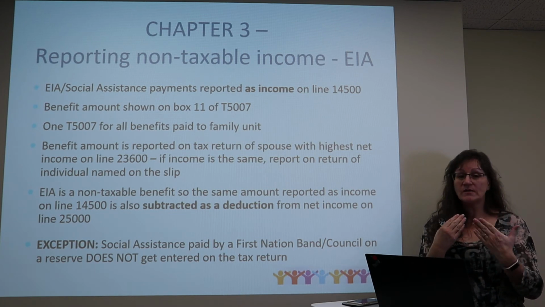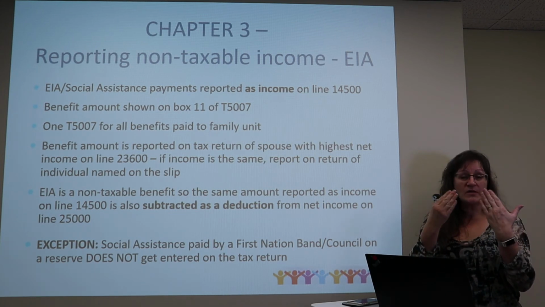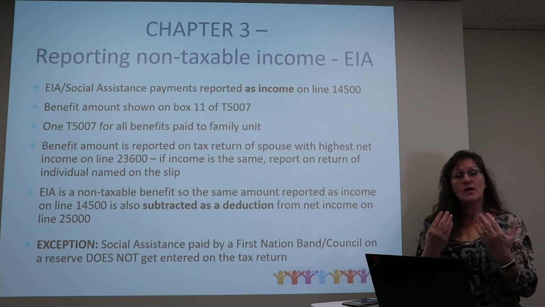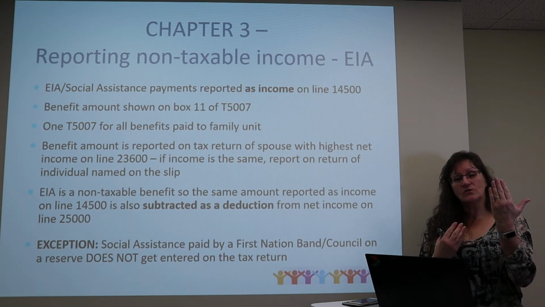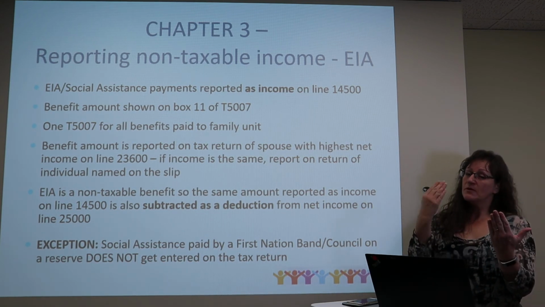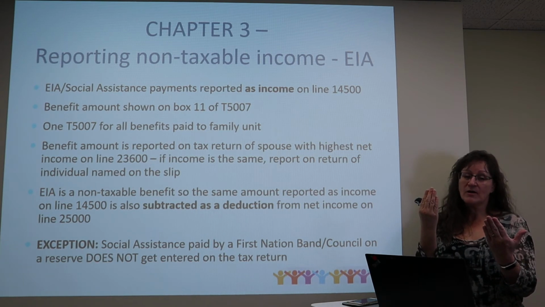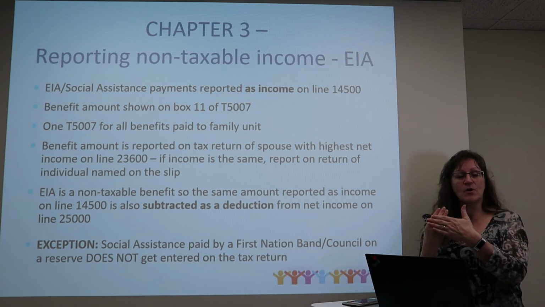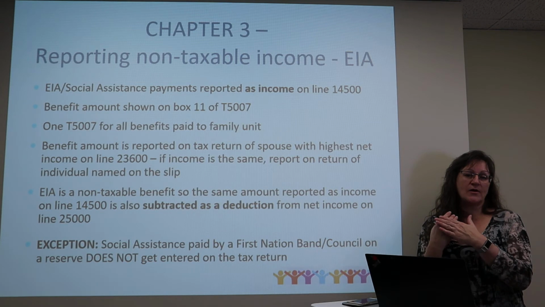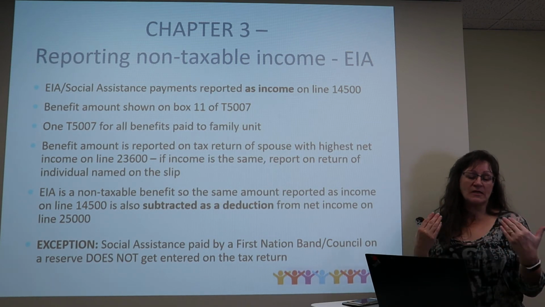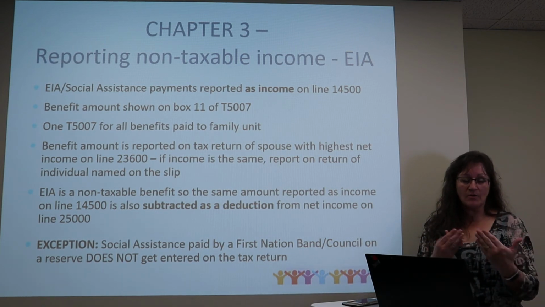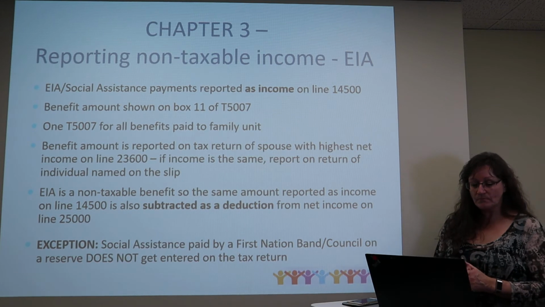So you're filing totally separate returns, but the software links them together. So it will know when you've entered the social assistance into one person's tax return, but the partner happens to have a higher income, it will move that slip automatically over to the higher income earner. And it does that seamlessly, no matter how you've entered the information.